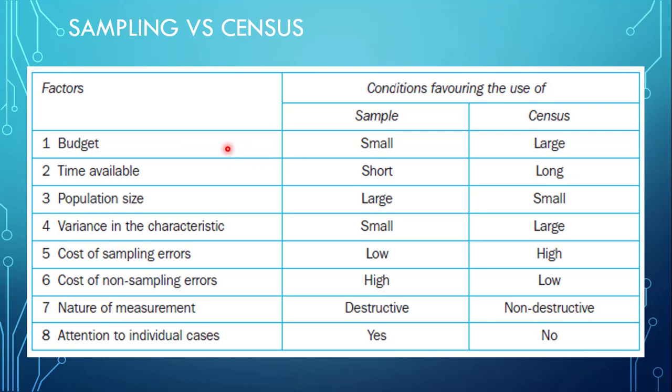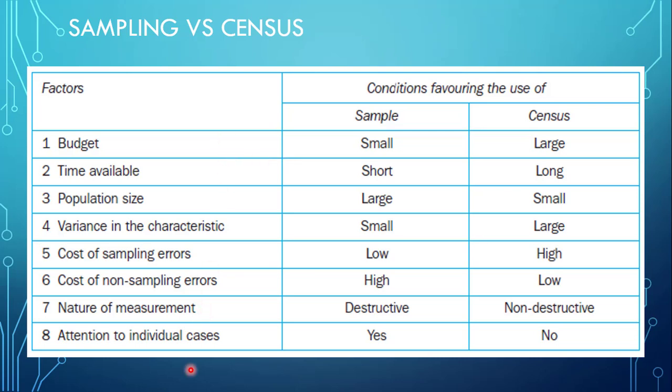For instance, if you only focus on the financial requirement and ignore the others, you might commit errors and might not get appropriate information about the population under study.